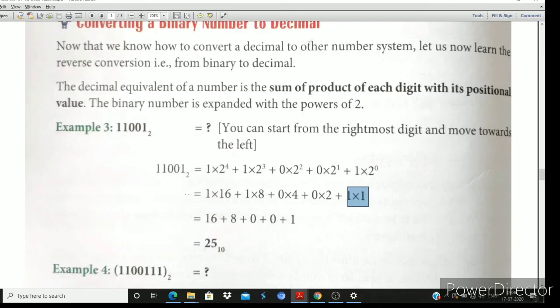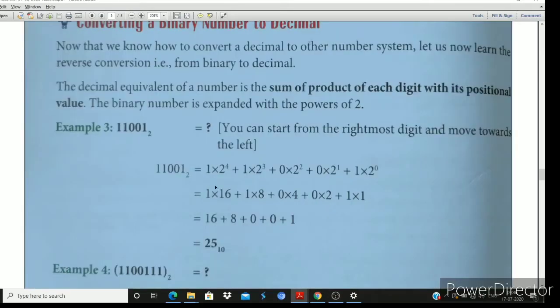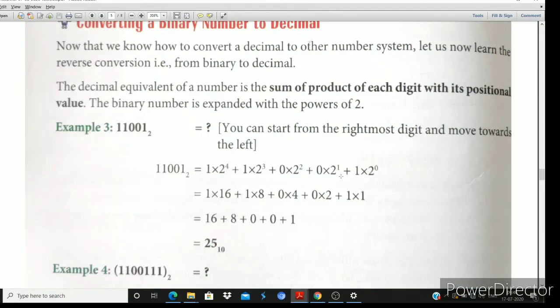In the next step we solve the powers of 2 in all sections. Now we multiply all these numbers by their multiples. 1 multiplied by 1 is 1, 0 multiplied by 2 is 0, 0 multiplied by 4 is 0, 1 multiplied by 8 is 8, and 16 multiplied by 1 is 16.